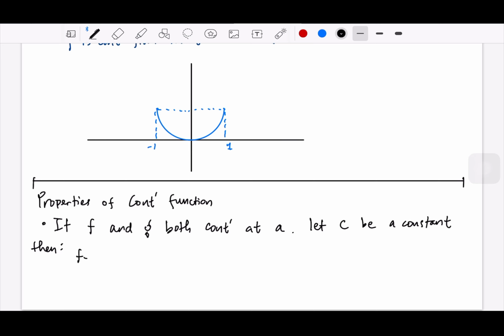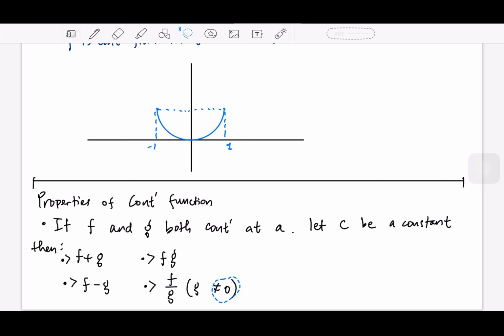So f plus g, f minus g, f multiplied by g, f over g, but g should not be 0, or g of a to be precise. And then a constant multiplied by a function is also continuous.